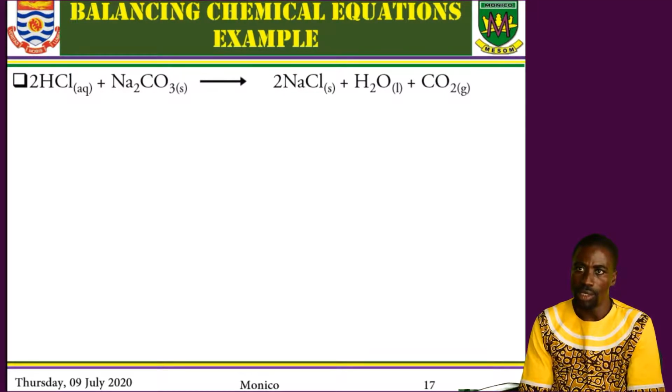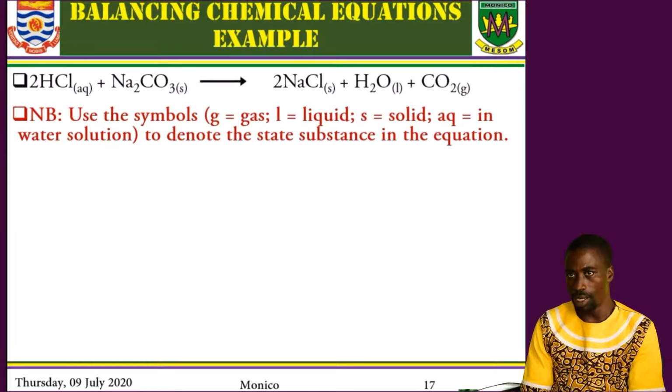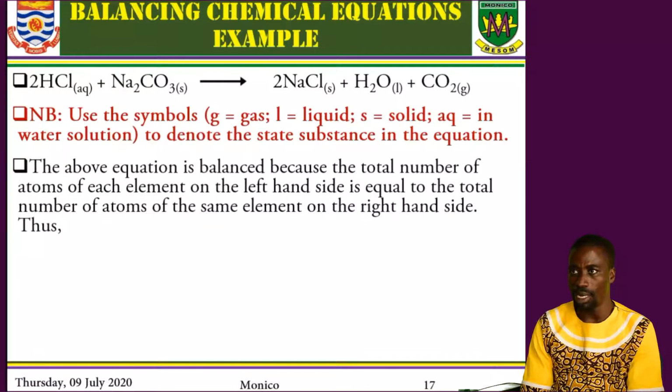The symbols aq, s, l, g are all telling you the various states of the substances in the equation, right? Now we are saying that the above equation is balanced because the total number of atoms of each element on the left hand side is equal to the total number of atoms on the right hand side, right?